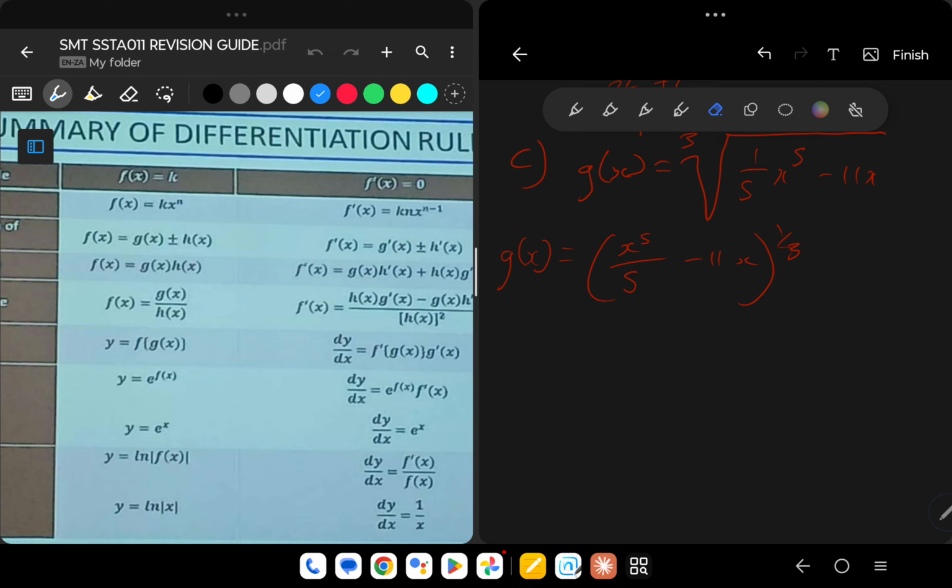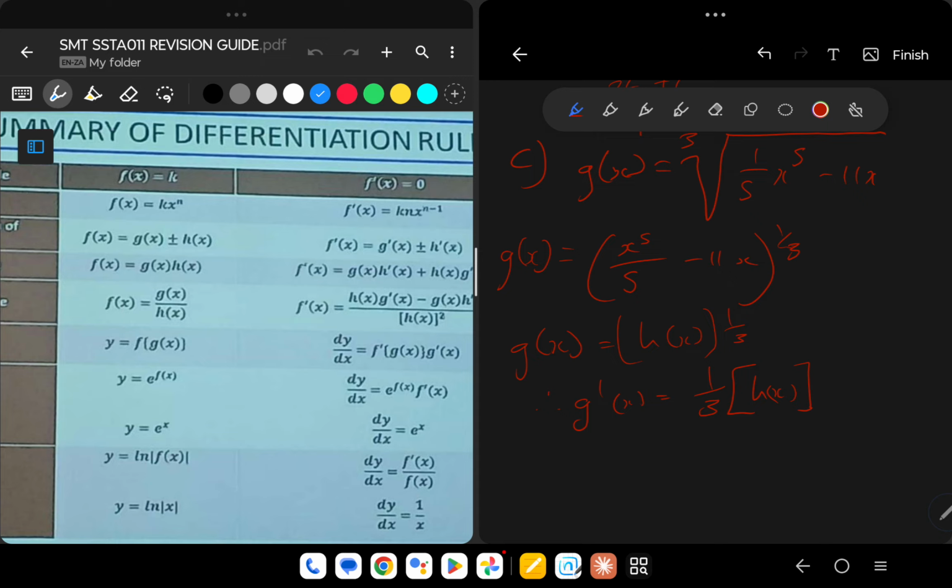So in this case, since I said that we have something of this kind, g of x equals h of x to the power of 1 over 3, this means what we're going to do here is you will find your g prime of x, which is just going to be 1 over 3, and then you still have your h of x there, right?